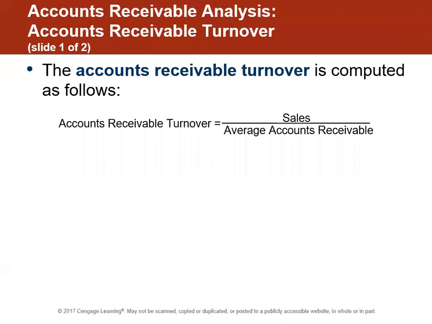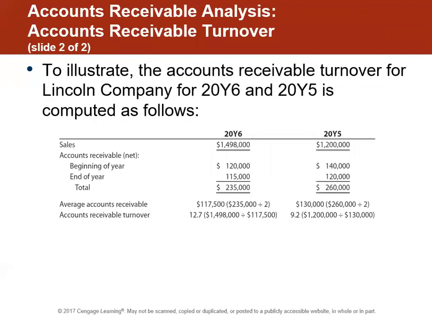Just kidding, I put some other averages on there. On our practice we're given it as average accounts receivable, but if they don't give you the average, you just take last year's plus this year's accounts receivable, add them together, and divide by 2. So we have to get an average.